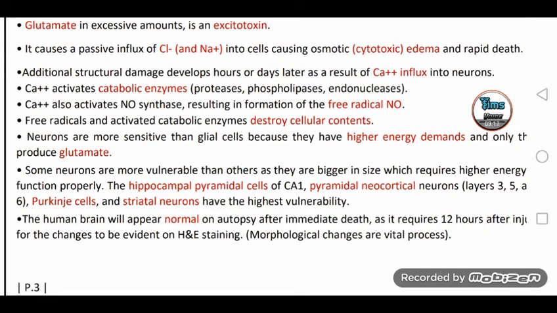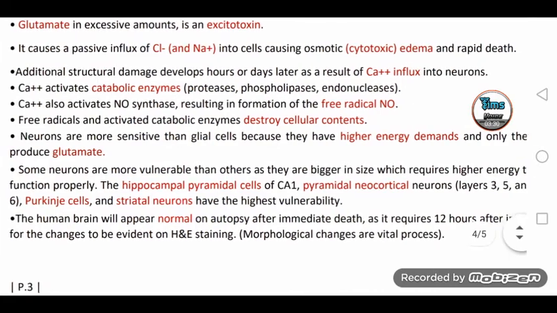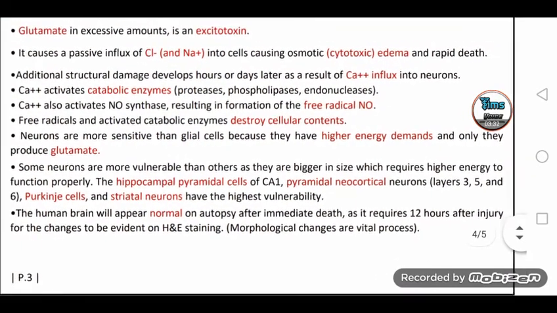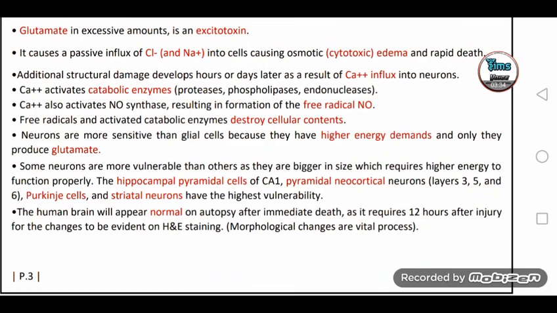So we have the cytotoxic edema, and then destroying the cellular contents using these catabolic enzymes and the free radical nitric oxide. Neurons are more sensitive than glial cells because they have higher energy demand, as we said, and only they produce glutamate, okay? So what starts all of this process is the glutamate.